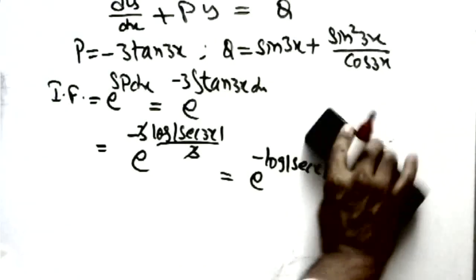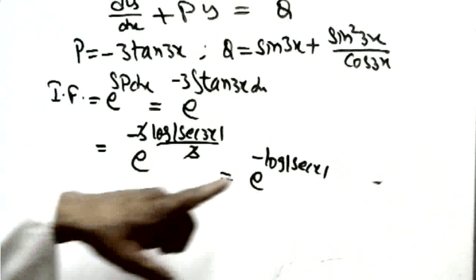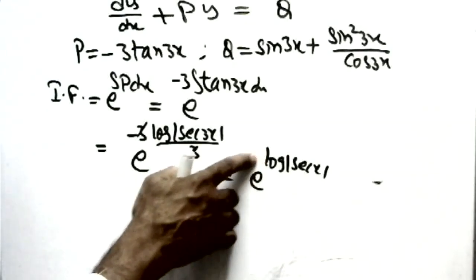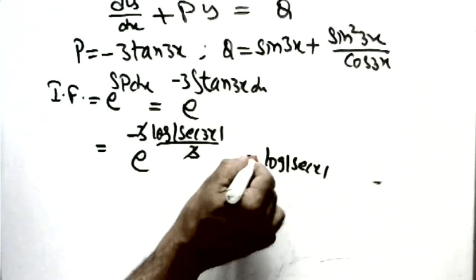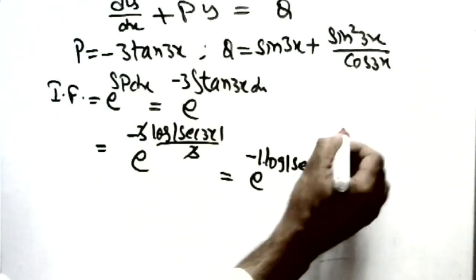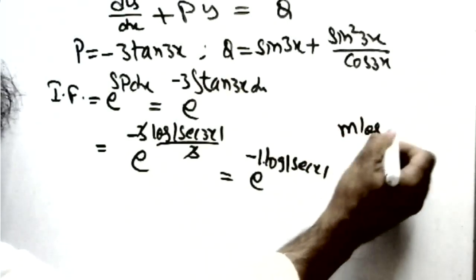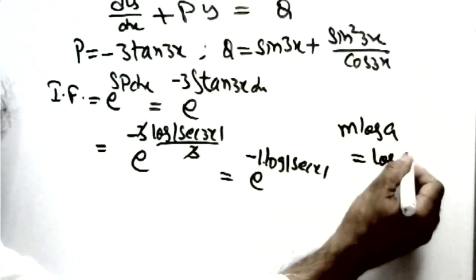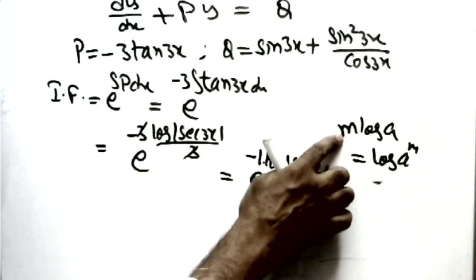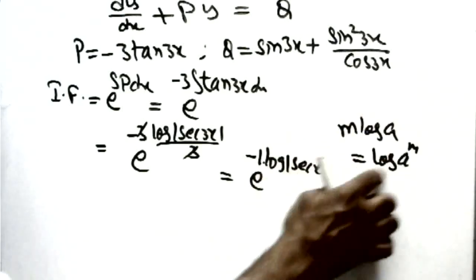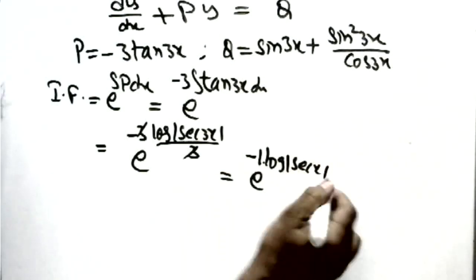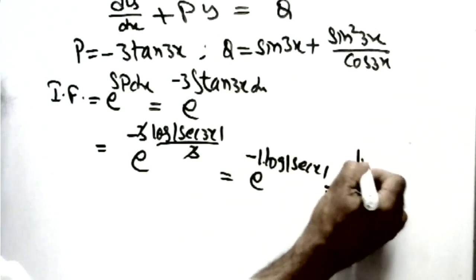Now the second step, see here, e and log get cancelled, but we should not have minus here. So to take out minus here, suppose this as -1. There is a formula: m log a, if you take this m inside, it will be log a power m. So first we take out this minus here.